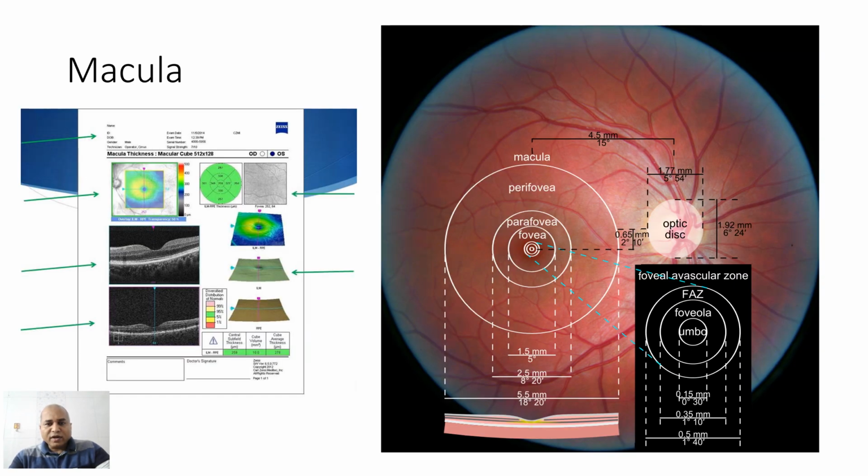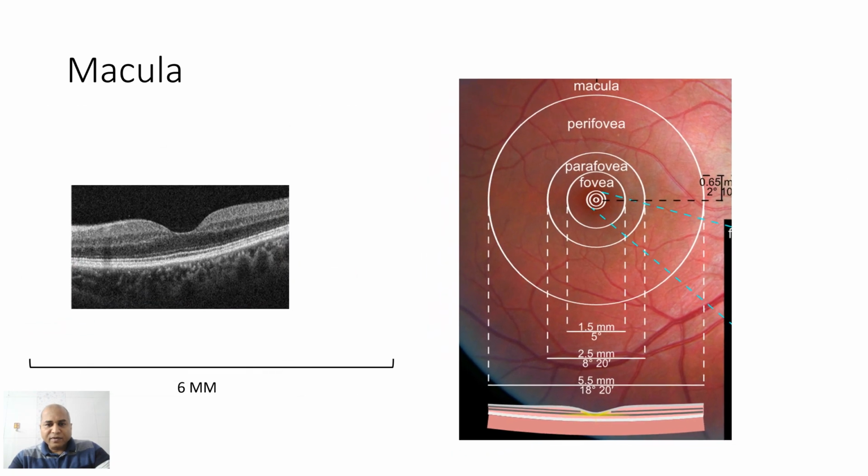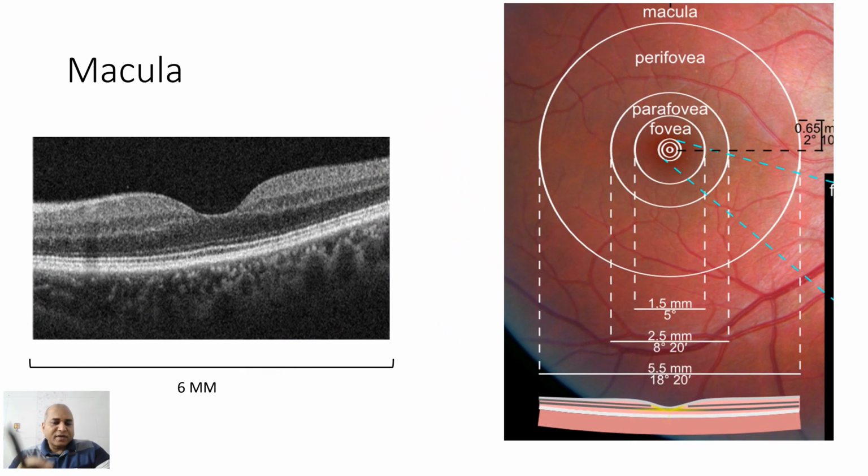Now let's define what is posterior pole and what OCT macula is about. So here we can see the OCT corresponds to a 6 millimeter width of posterior pole centered at the fovea, which is represented here in this schematic diagram, and this area will cover nearly about 5.5 millimeter or this much area.